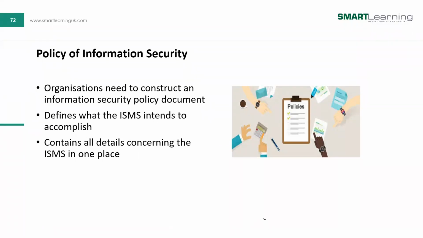Remember what we said about benefits of ISMS? This policy should contain that, and it should be stated as objectives because that's the benefit you want to derive. So when you define what you intend to accomplish, those are your objectives and those are the benefits you think you'll derive.